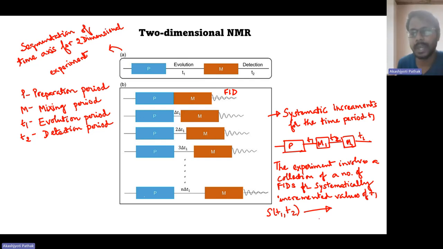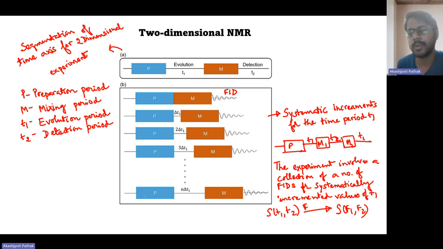So variation of these entities as a function of time carries the frequency information present during the T1 period. And the Fourier transform of these data along T1 results in a two-dimensional frequency domain spectrum as F1, F2.